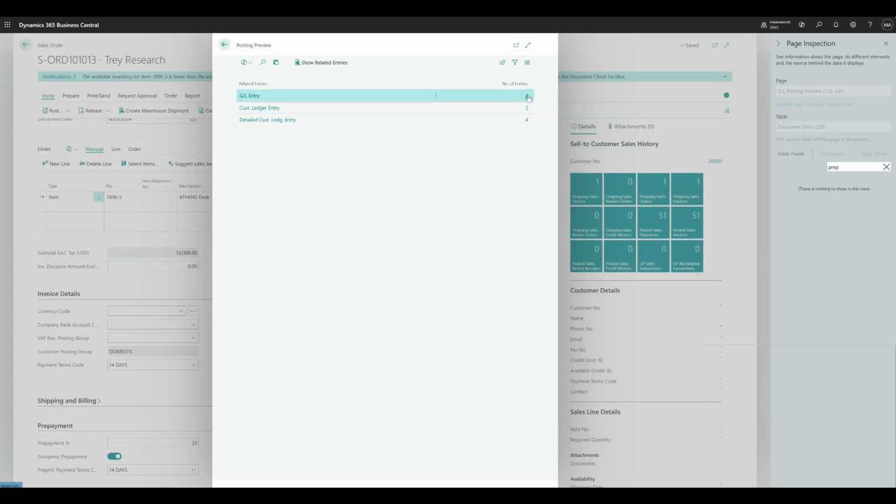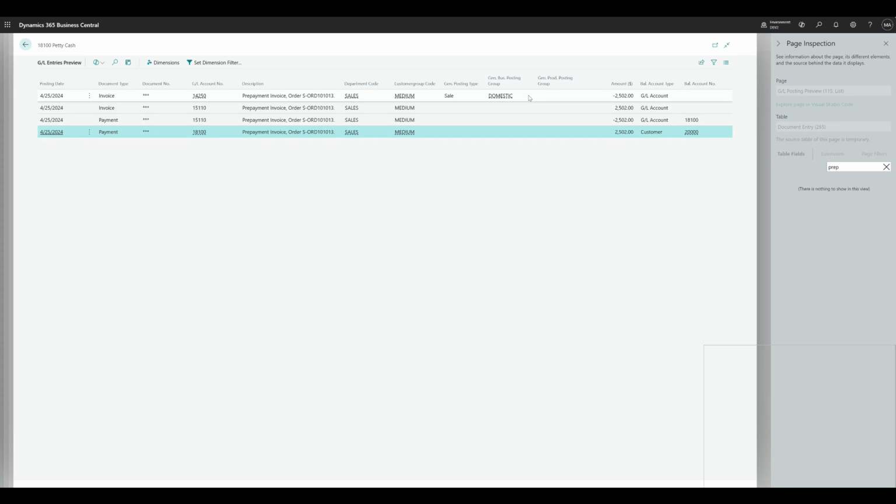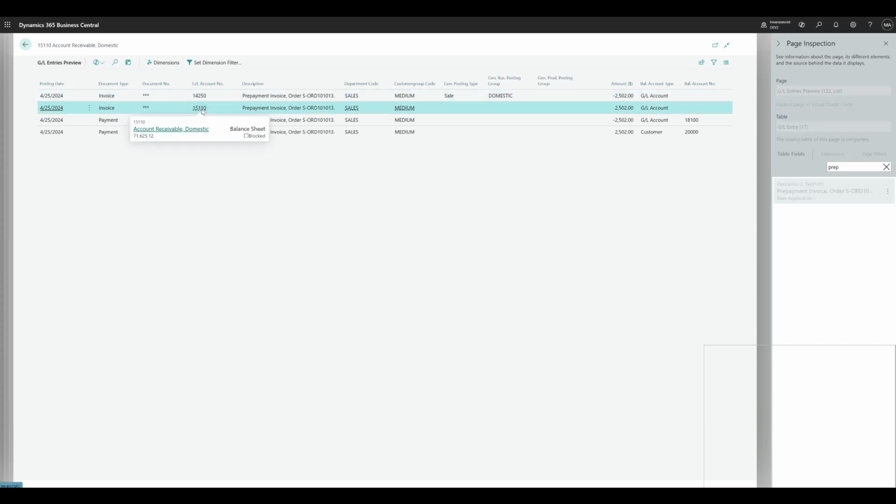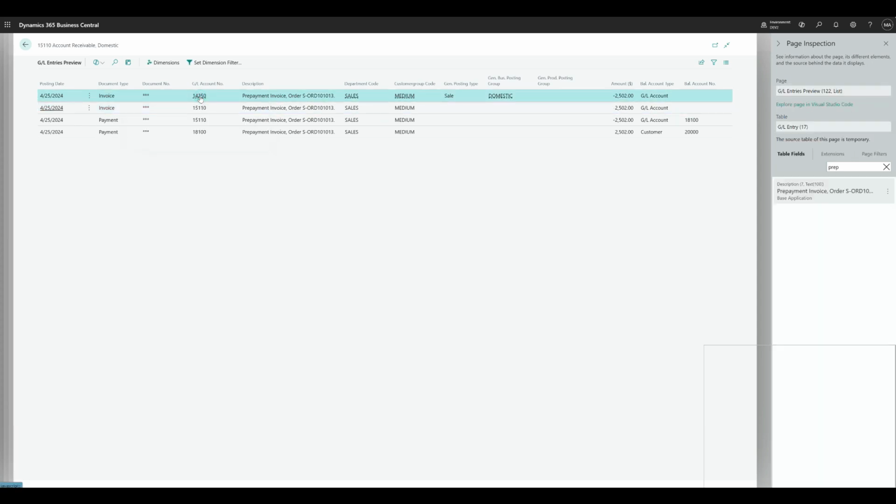And if we were to look at the GL entries, what's happening is that the invoice part affects what? 15,110 is the receivables and 14,250 is the discount, the prepayment account basically, and then we're offsetting when we pay, which happened at the same time.